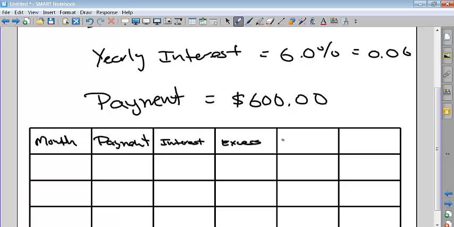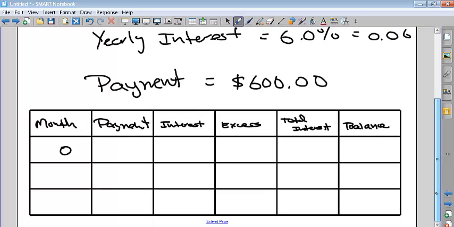We'll have total interest. And we'll have balance. So at the first month, or the 0 month, you take your loan out, $10,000. And we'll go down to the cents.